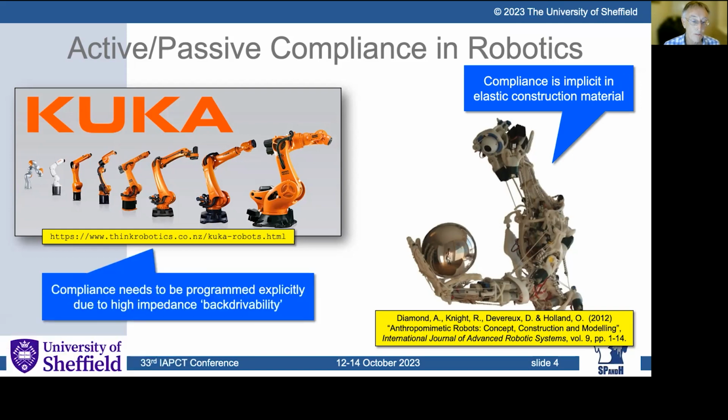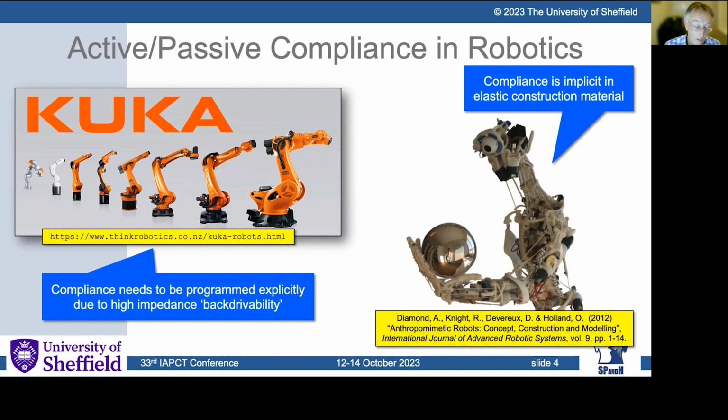But when it comes to a robot, the compliance actually has to be programmed in. And this is because of what's called back drivability, or indeed a lack of back drivability. So for a conventional robot, which has many gears from the motors to the movement, if you attempt to physically move the end effector with your hand, you won't be able to do it because the impedance is huge.